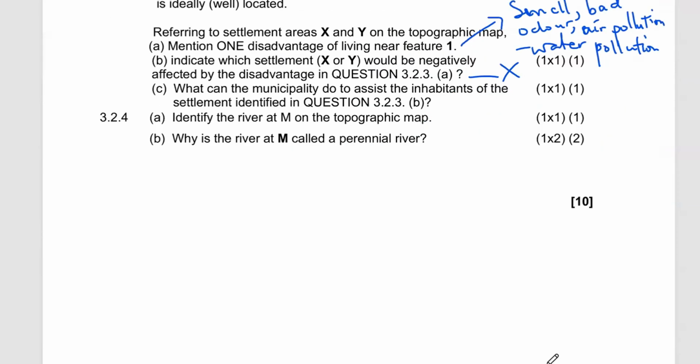I'll indicate the response for C here. Right, what can be done then? We can try to educate the community.